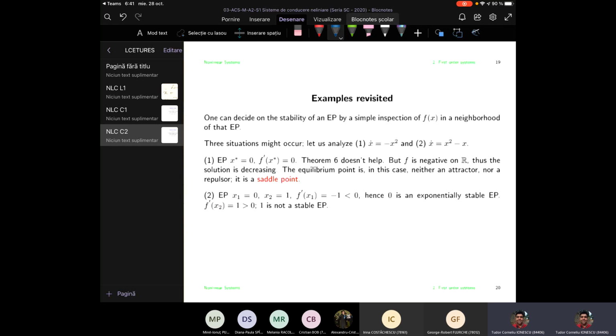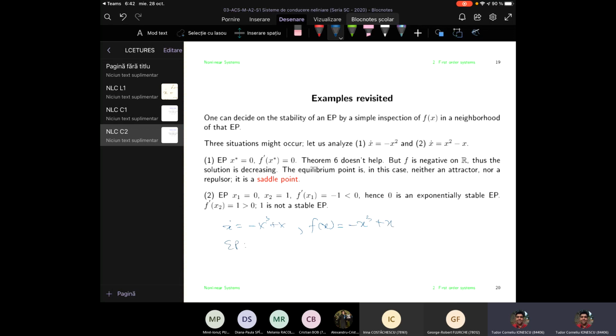Okay. So now, if you look at our examples, we can easily draw the conclusion. If you have x dot is minus x to the power 3 plus x, first of all, the equilibrium points. So f of x is minus x to the power 3 plus x.